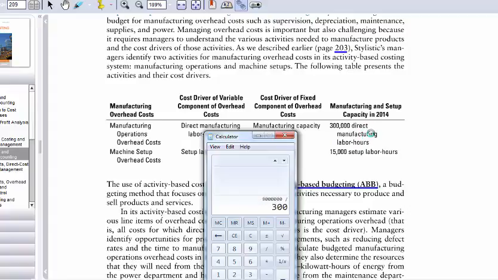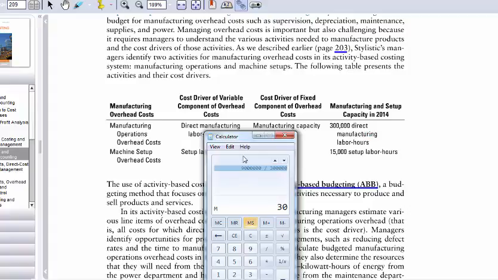So if you divide that 9 million by that 300,000 estimated labor hours for the period, then you would get $30 per direct labor hour. Okay, so every time an hour is worked, $30 would get allocated in to the item. Right, so much goes to the deluxe model, so much goes to the casual model.